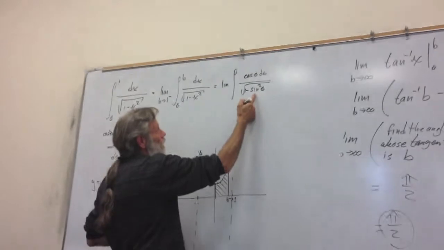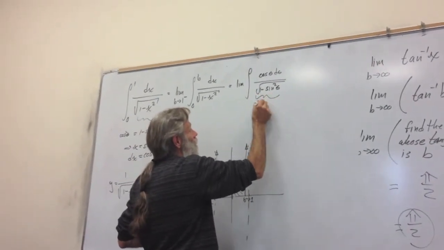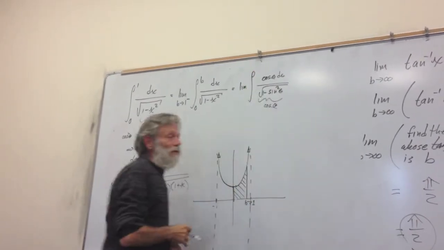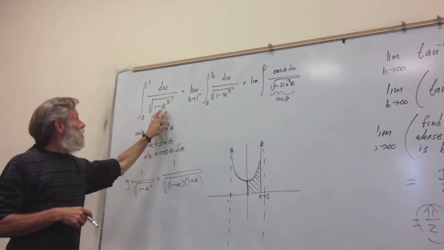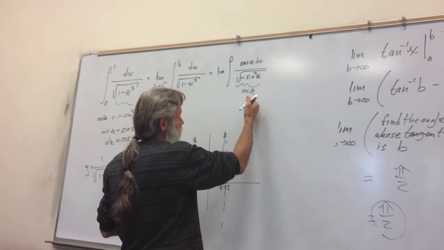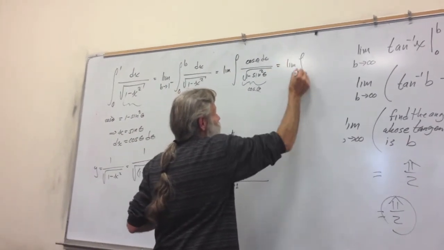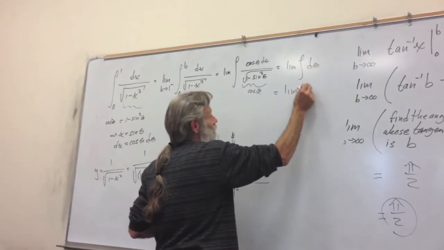The 1 minus the sine squared is cosine squared, but the root of it is just cosine. So just like the previous question, we have functions canceling, which is why this is sometimes known as turning out to be an arc sine. Anyhow, this leaves us with the limit of the integral of just d theta, so just like before, you've got a limit of theta.